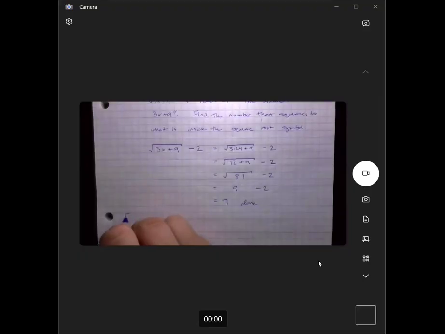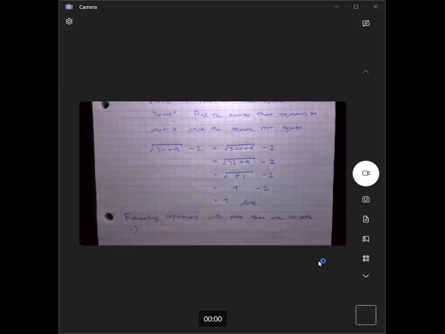So, evaluating expressions with more than one variable.